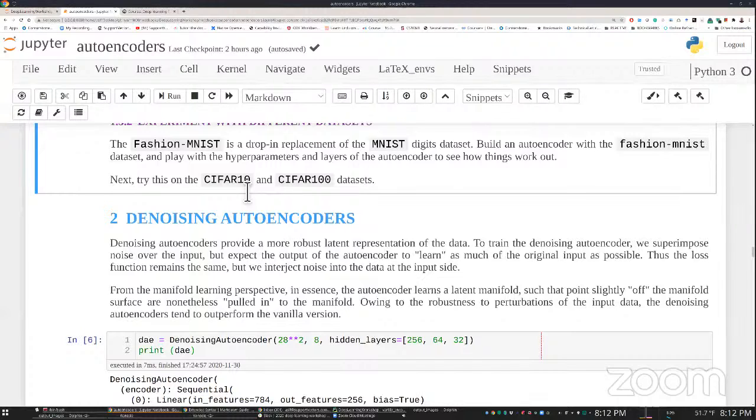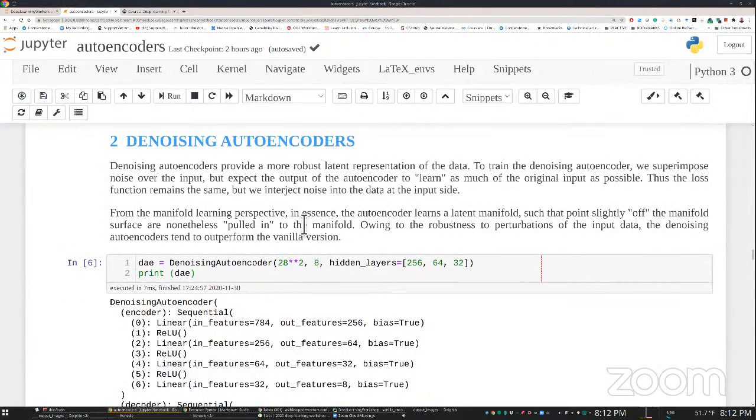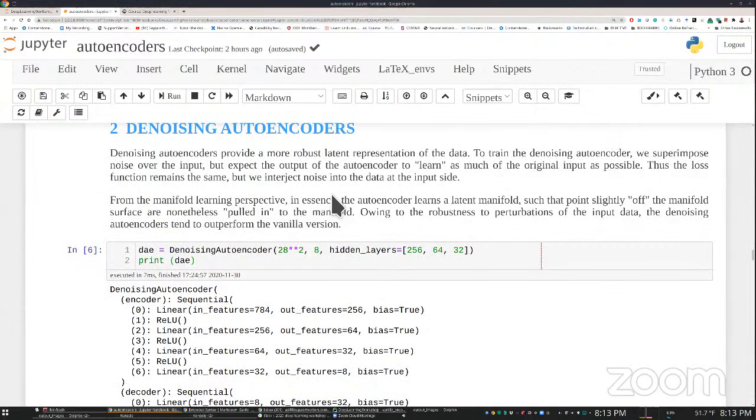You can try it out with CIFAR-10 and CIFAR-100. Do you guys remember what CIFAR-10 was? Anyone remember? Yes, another image data set with 10 classes, and CIFAR-100 is 100 classes. They are all subsets of the ImageNet dataset. So that is that. This is easy, and we'll walk through the code in a moment, but let's first be just the user of it.